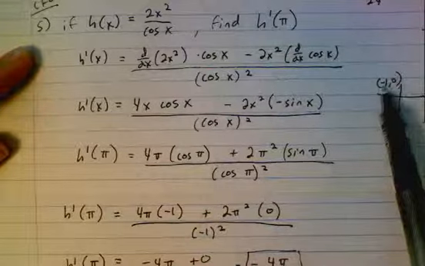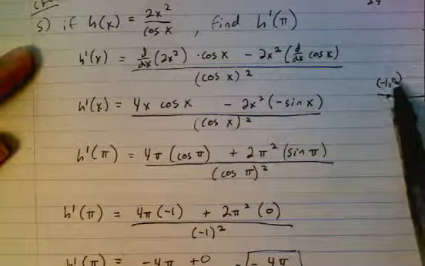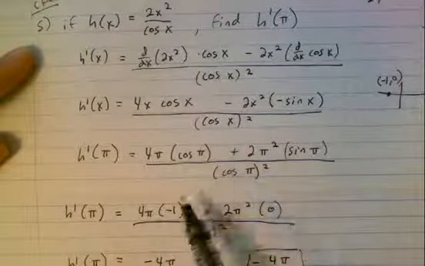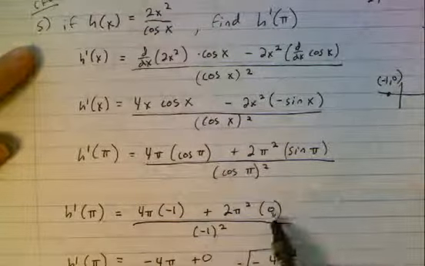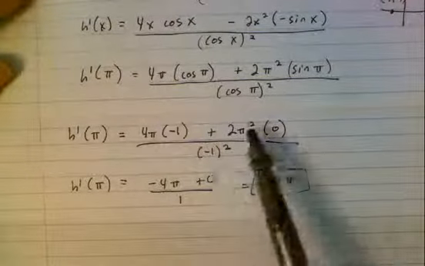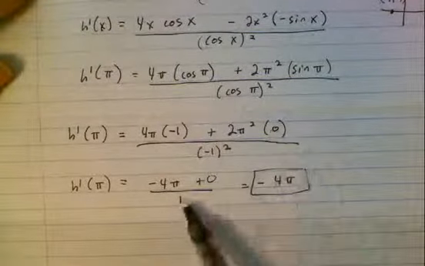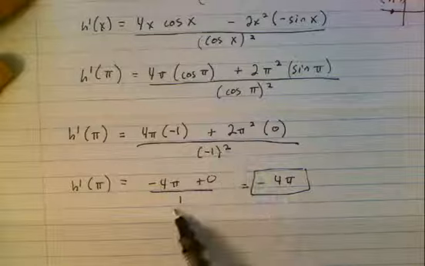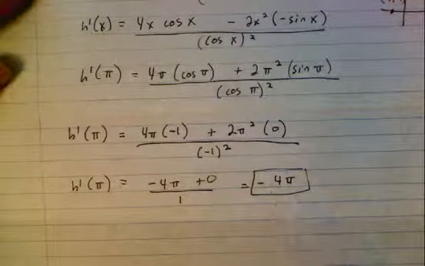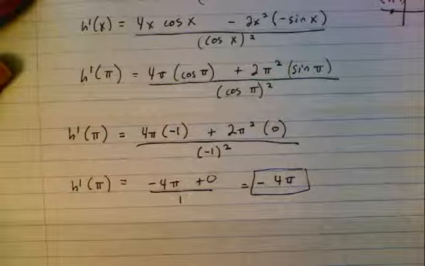I remember that cosine is x, which is negative 1, sine is y, which is 0. So wherever I saw cosine of x, I put in negative 1. Wherever I saw sine, I put in 0. So here we have negative 4 pi plus this multiplies to be 0 over negative 1 squared, which is 1. And when I add and divide that out, I should end up with negative 4 pi.